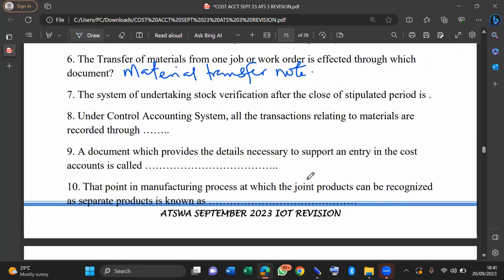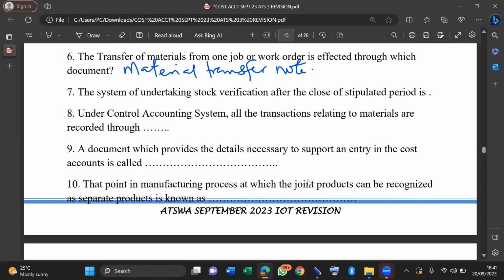Question. The system of undertaking stock verification after the close of a particular period is dash.